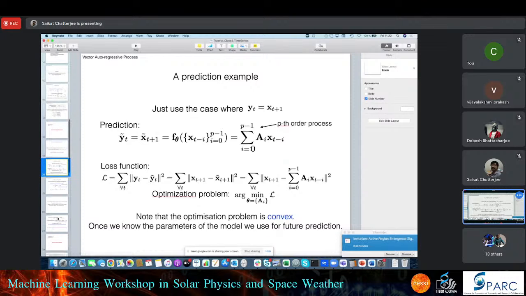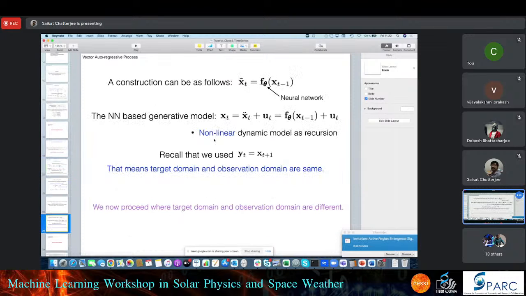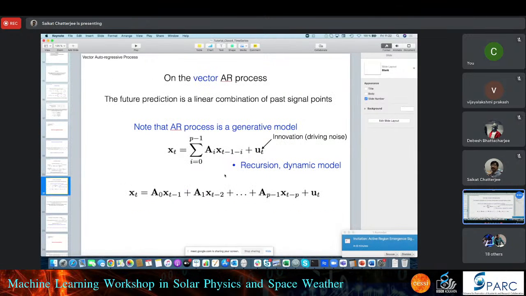So if I use this model for certain signals, I can see this one as a generative model. Generative model means what? At any point of time, my true value x t is nothing but the sum over i equal to 0 to p minus 1 of a i x t minus 1 minus i.